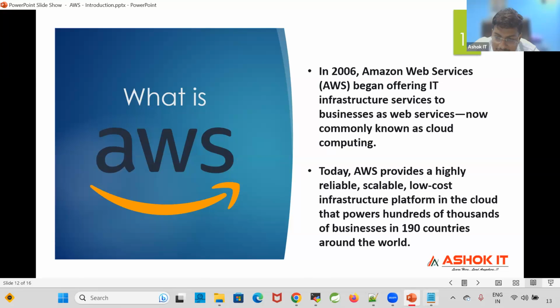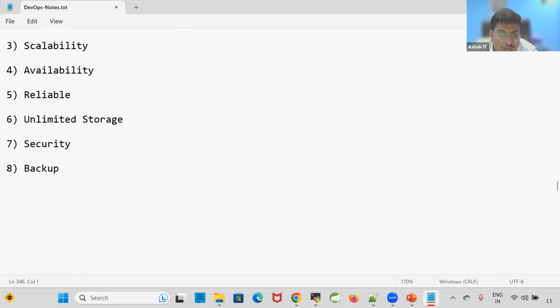So what is AWS? AWS stands for Amazon Web Services.